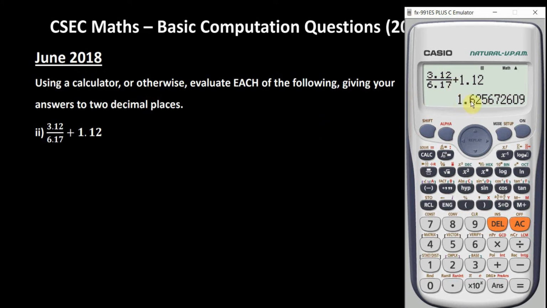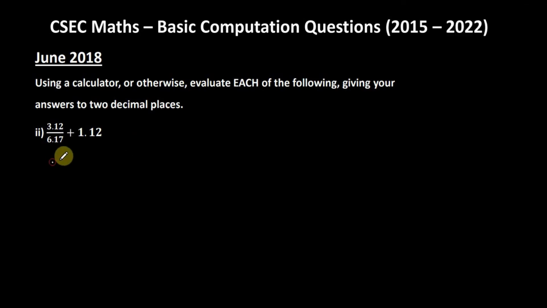So we'll have 1.62. Want to stop here. However, this 5 here will help us determine whether or not we'll keep this 2 or round it up by 1. And of course the 5 here falls under the category of being 5 or greater. So we're going to round up the 2 by 1. Therefore our answer to 2 decimal places will actually be 1.63. So there we go, 1.63. And we're moving on to our next question.